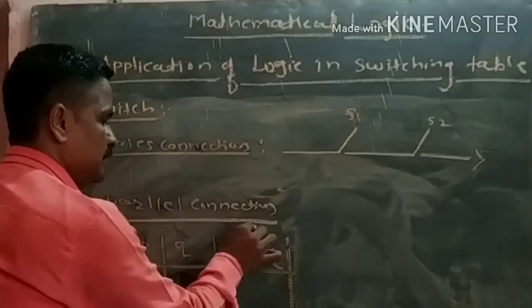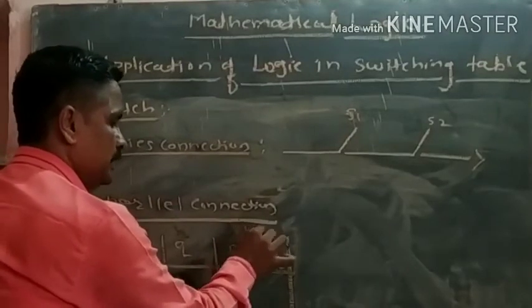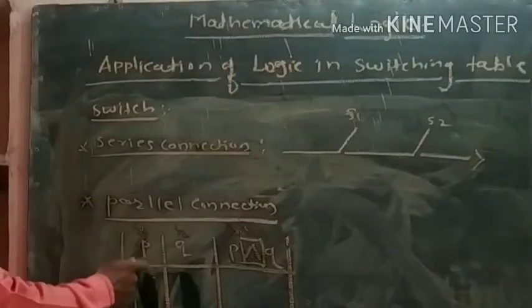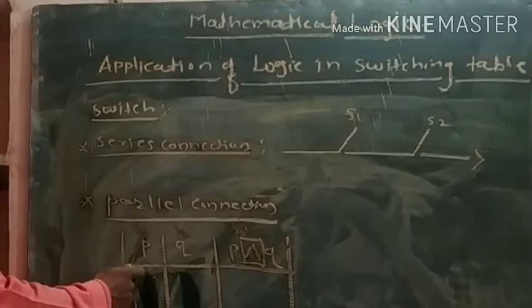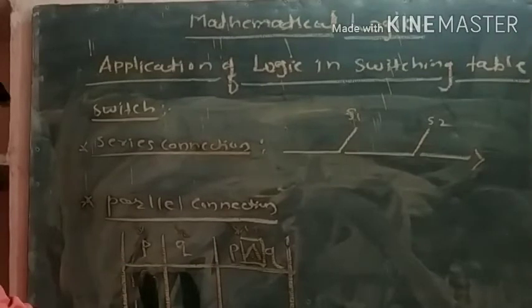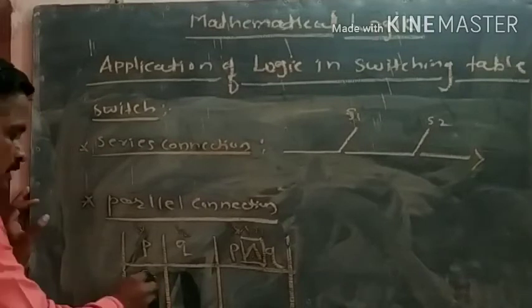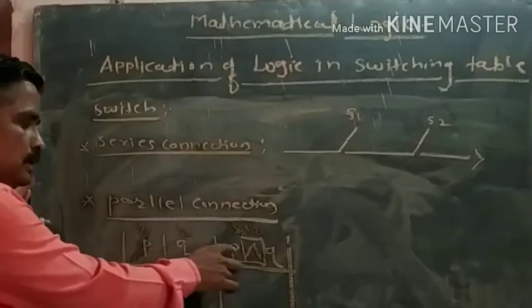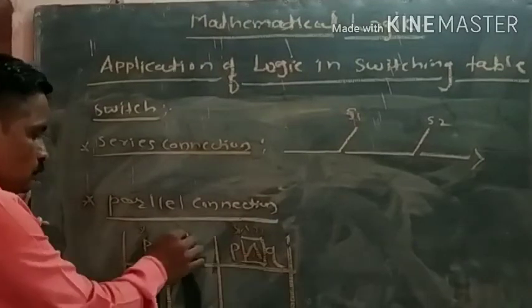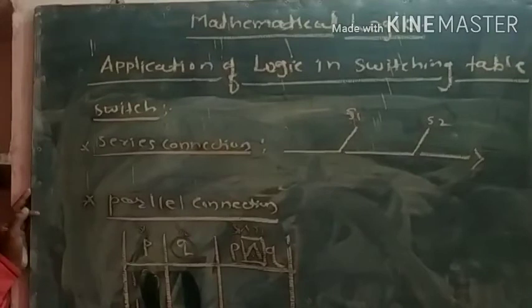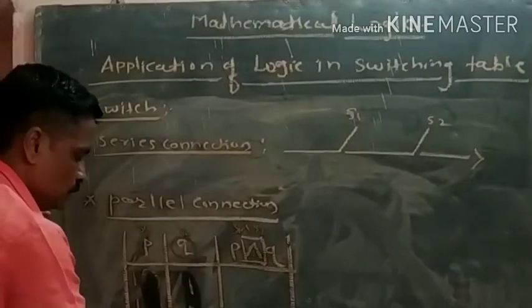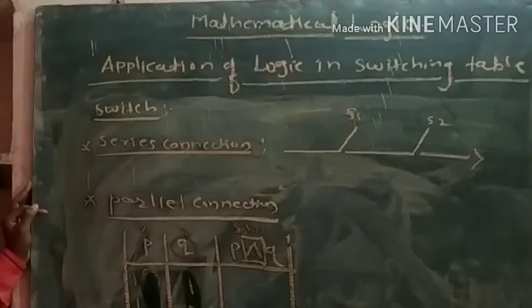So S1 is connected with S2 in series. The values of S1 are 1, 1, 0, 0, that means T, T, F, F, similar to the truth table of conjunction, P and Q and P conjunction Q. The values of Q are T, F, T, F, that means 1, 0, 1, 0.